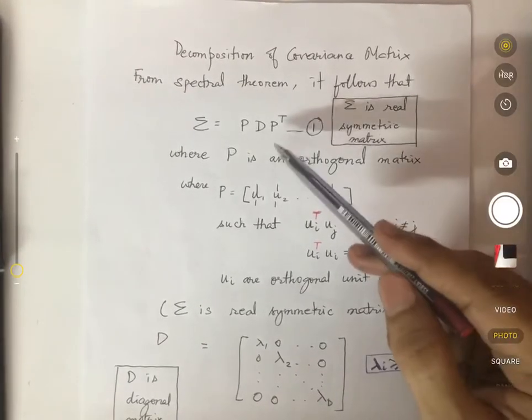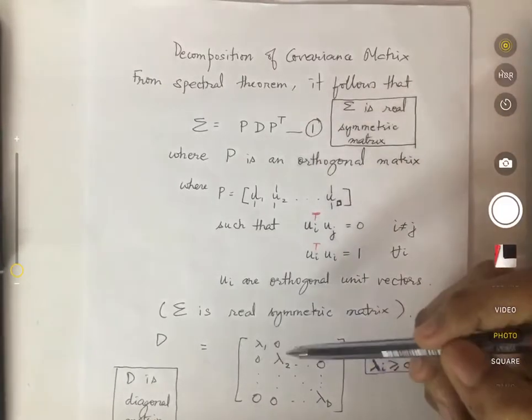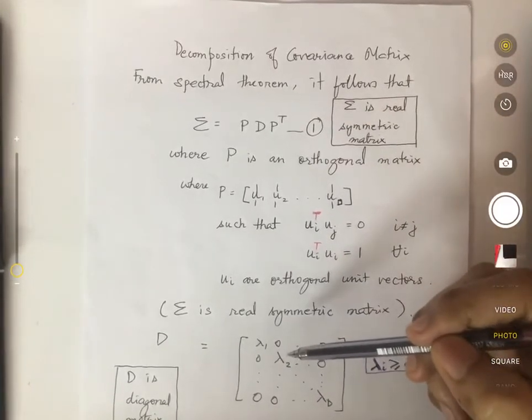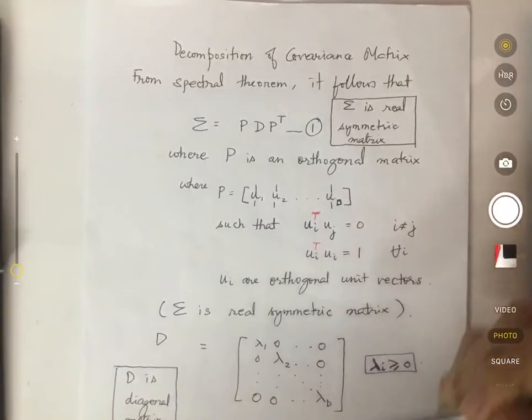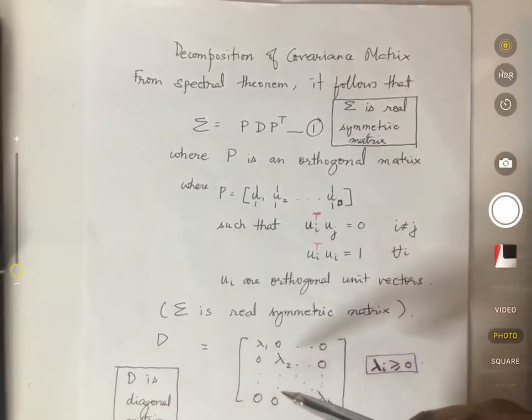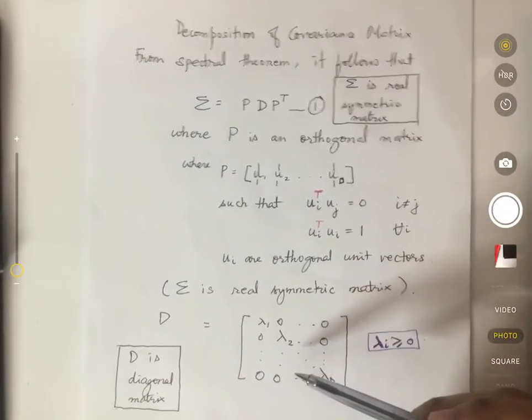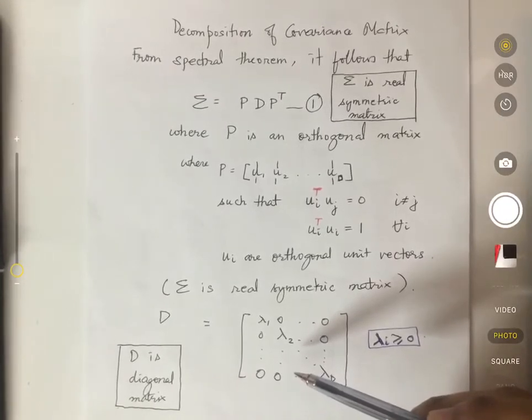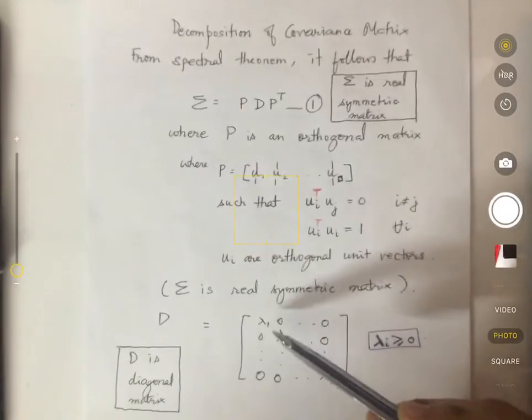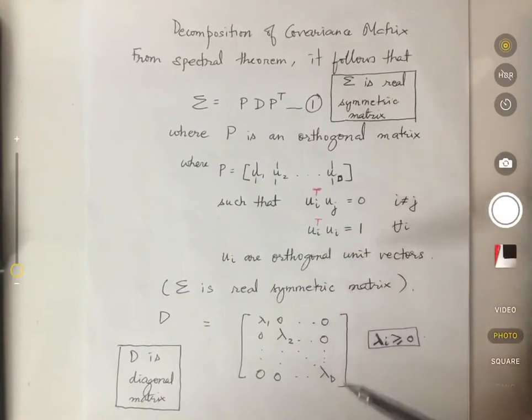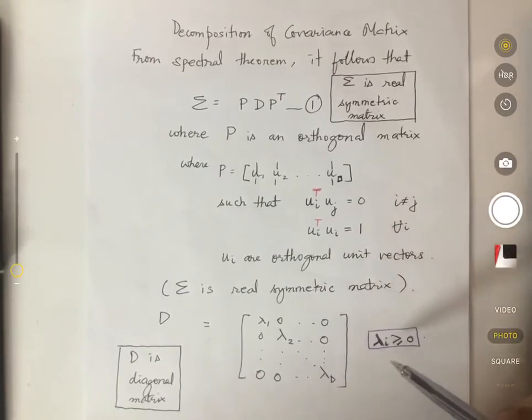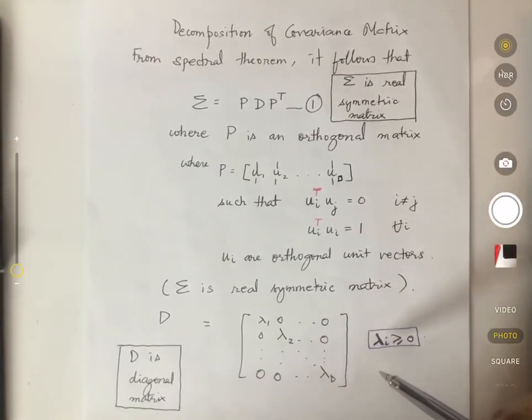and the matrix D is a purely diagonal matrix. As you can see here, your D is a purely diagonal matrix, and you will learn later that these lambda are your eigenvalues, and that lambda i are greater than or equal to 0.